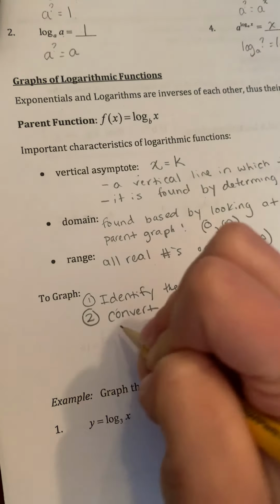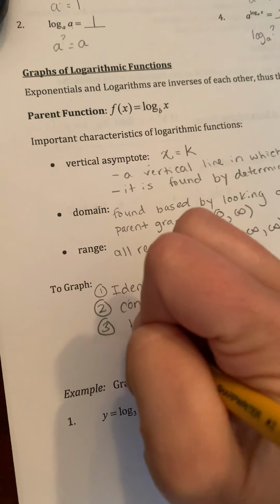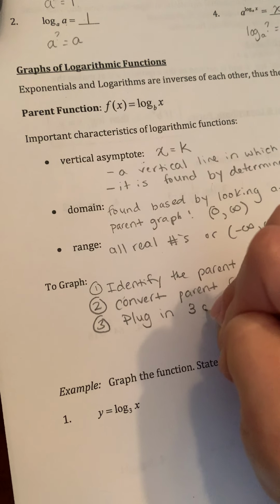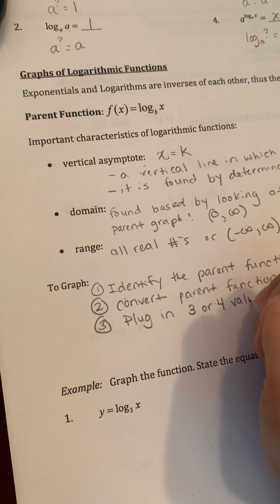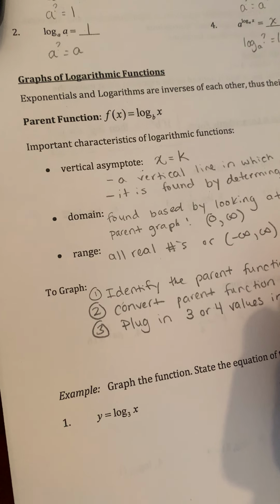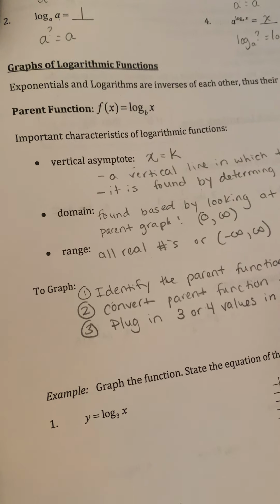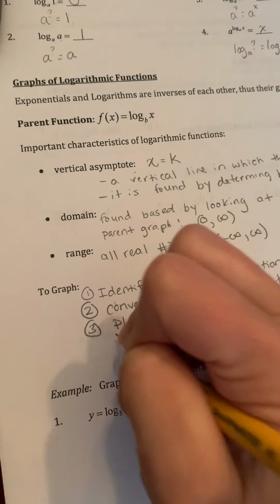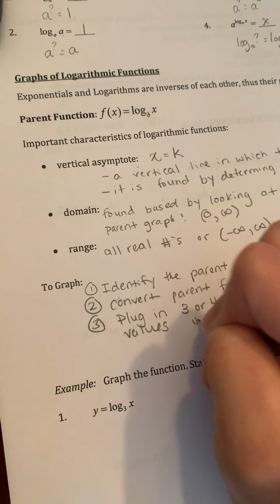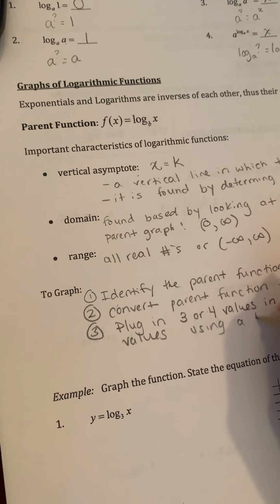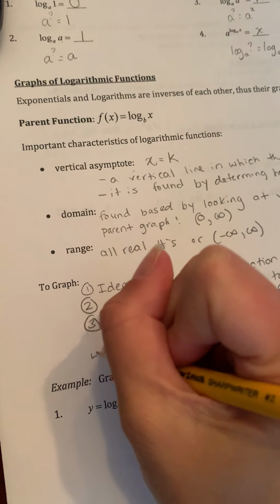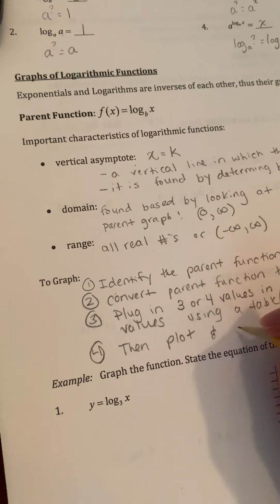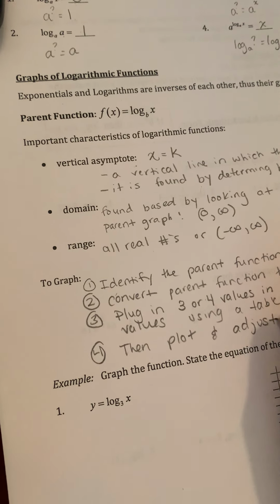From there, you are going to plug in 3 or 4 values in for y to determine x values. Then you're going to plot those and adjust if there are transformations.